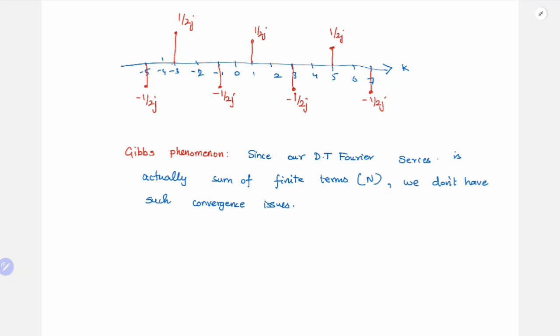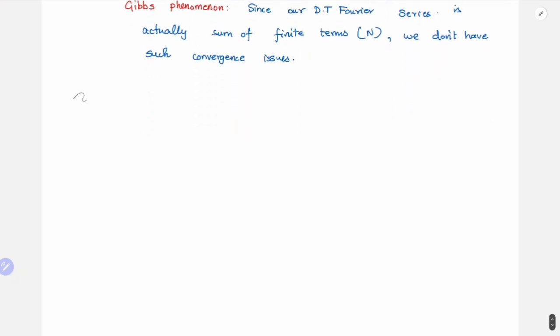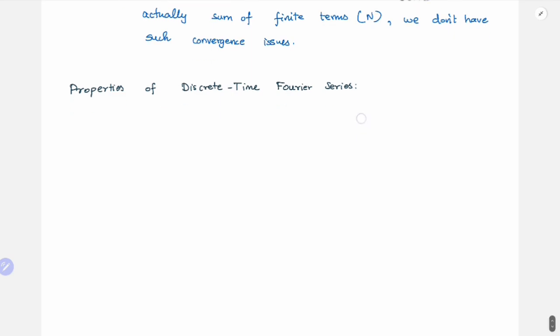So now let us look at the properties of the discrete time Fourier series. Again, most of the properties are similar to their continuous time counterparts.